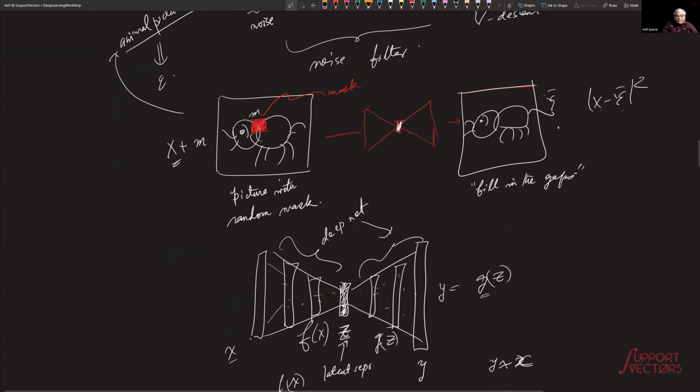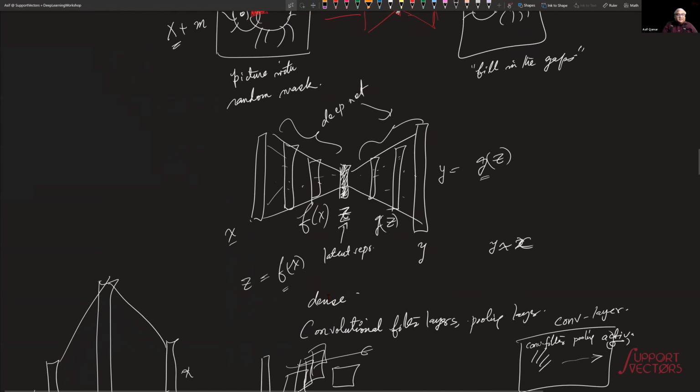Now we take this one idea forward. Let us not have just one hidden layer. Let us have a symmetric situation such that there may be many layers converging to the bottleneck, and then radiating out from the bottleneck, so that you have the full power of a deep neural network.